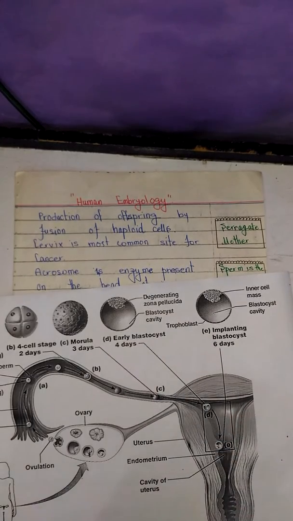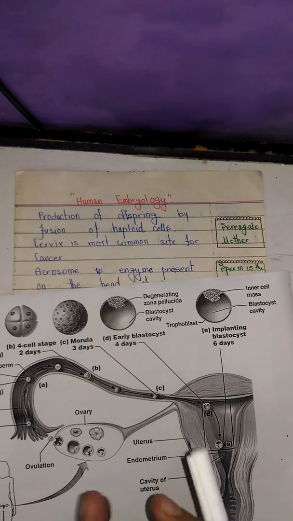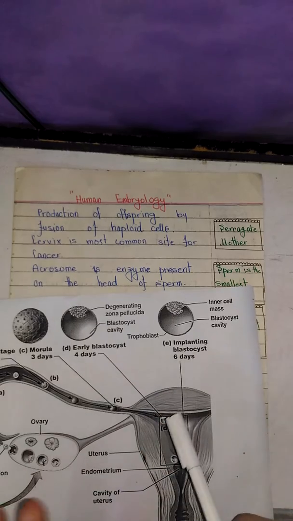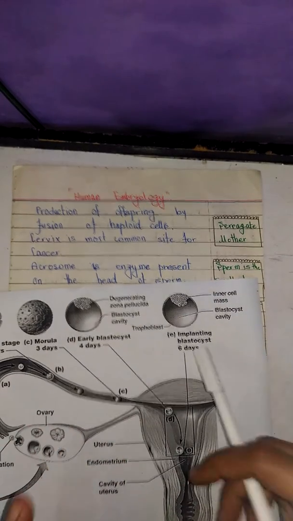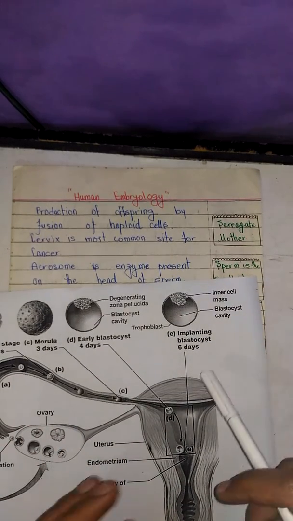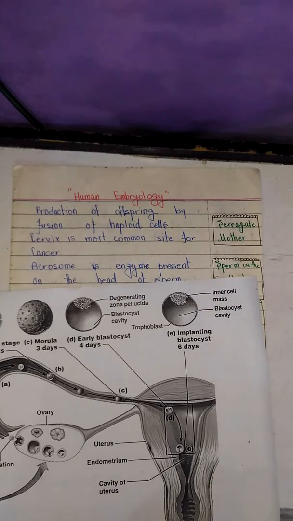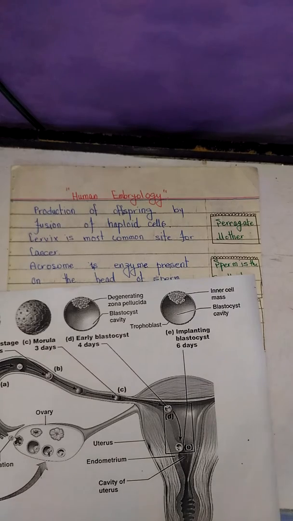On the fourth day it is called an early blastocyst because it will mature with the passage of time, and by the sixth day it will be a matured, implanting blastocyst, because it is ready to implant.